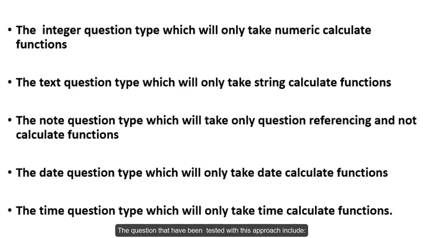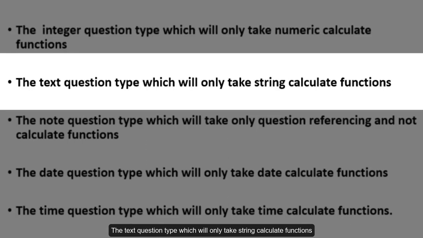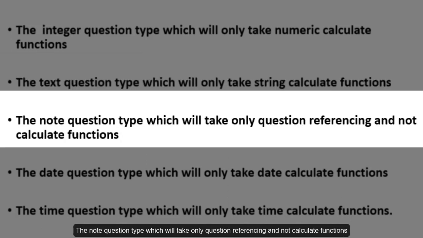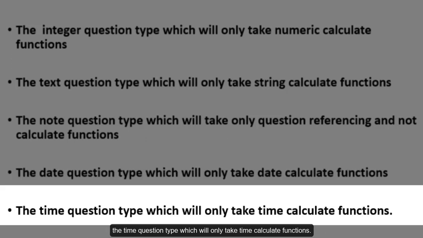The question types that have been tested with this approach include the integer question type, which will only take numeric calculate functions; the text question type, which will only take string calculate functions; the note question type, which will only take question referencing and not calculate functions; the date question type, which will only take date calculate functions; and lastly, the time question type, which will only take time calculate functions.